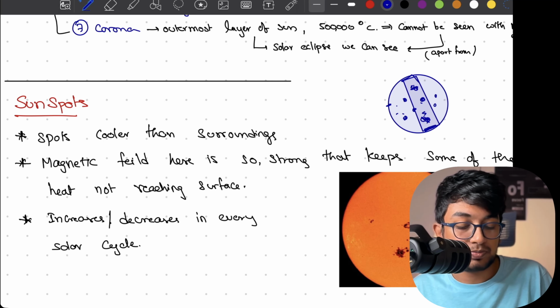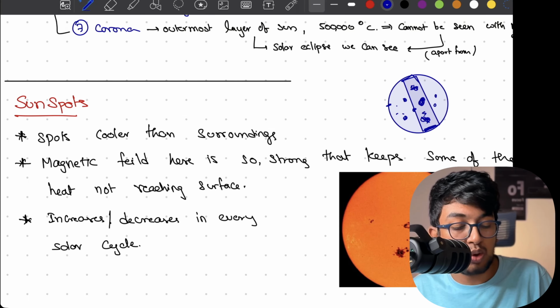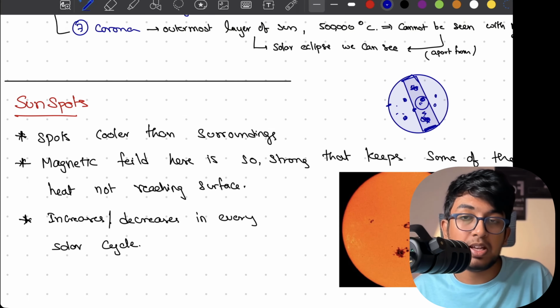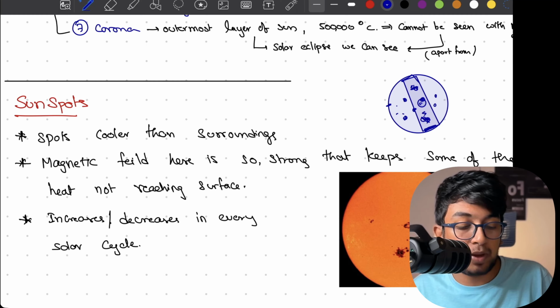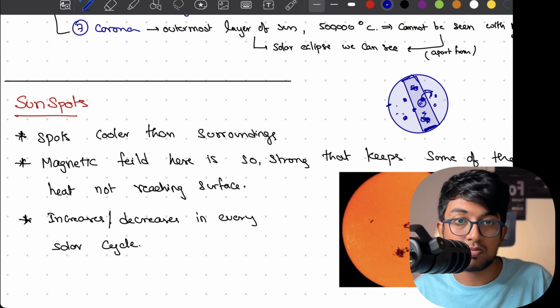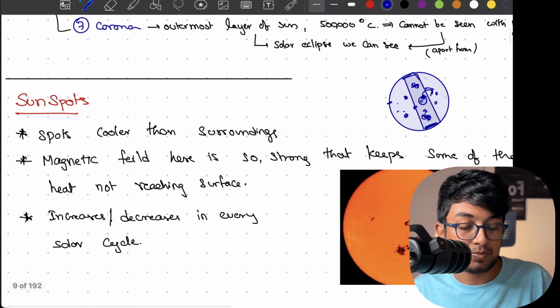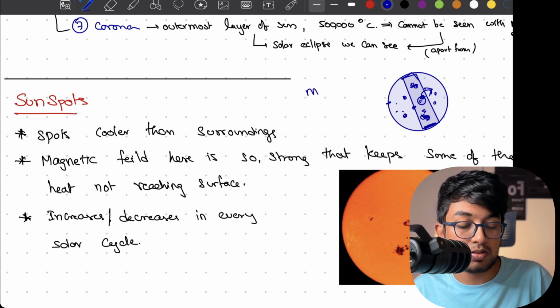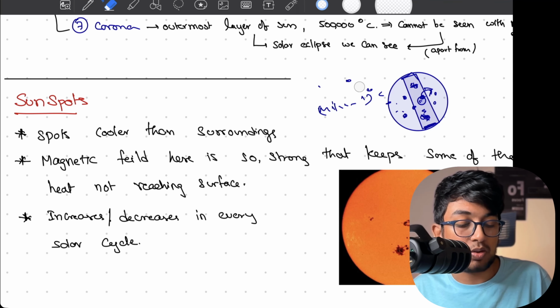Wherever the magnetic field is so strong, that place will be a little bit cooler compared to its surroundings. Cooler means not minus degrees or snowfall. Cooler means if it is millions of degrees centigrade, then that place will be a million minus 1 degrees centigrade.